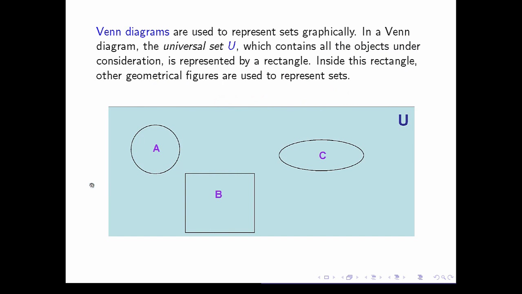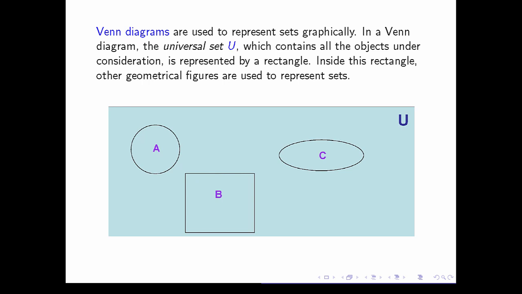Okay, next let's talk about Venn diagrams. Venn diagrams are a useful way to represent sets graphically. When we use a Venn diagram, remember I mentioned the universal set, which contains all possible objects under consideration.